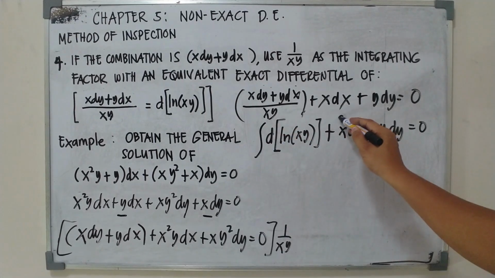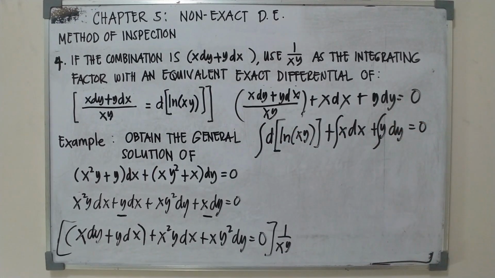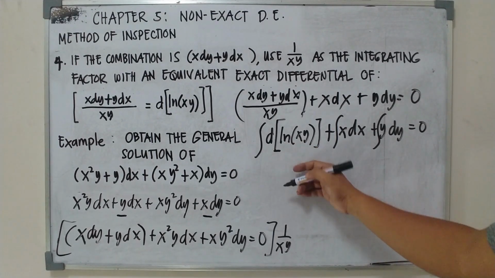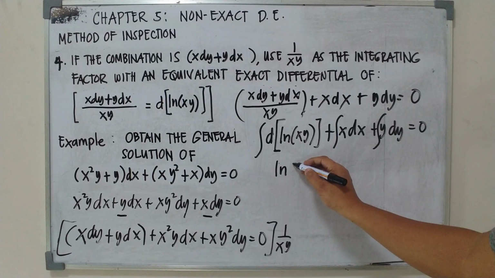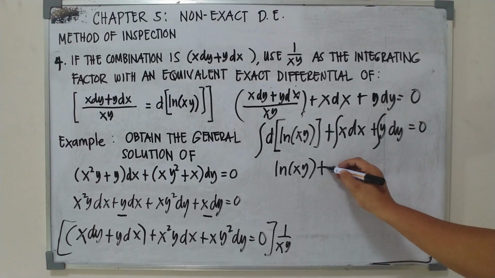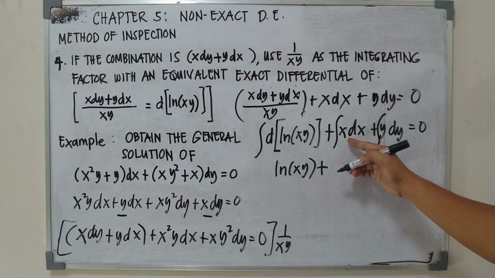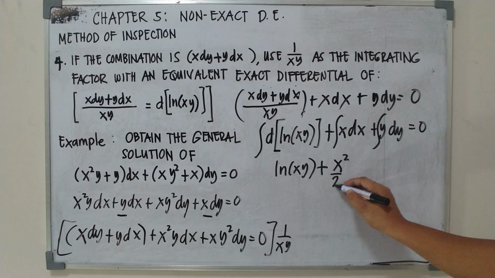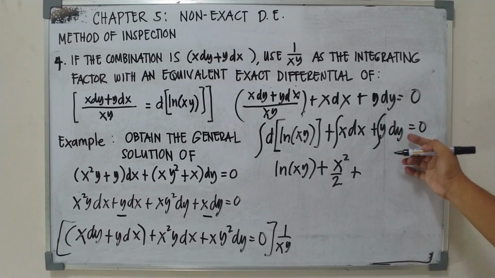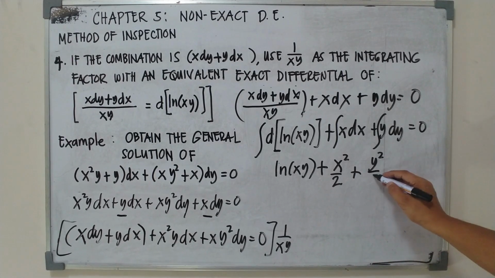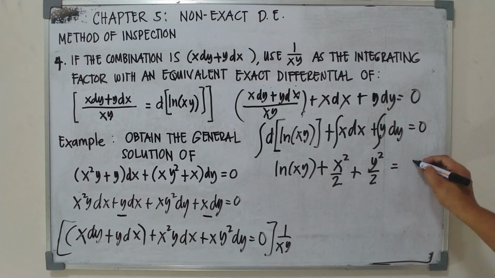Integrate. So the integral of this is simply ln of this term itself. So ln of xy. And plus, the integral of x dx using the power formula is x squared over 2. Same thing for our y dy. The integral of that using the power formula is y squared over 2, and this is equals to c.